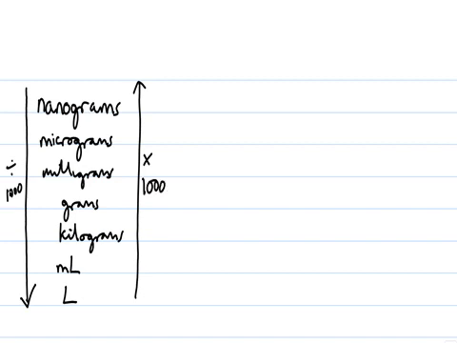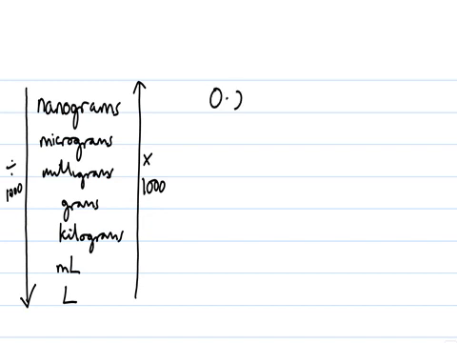So the way this table works, when you go from one weight to another, you look at whether you're going up or down. If we were going from milligrams to micrograms, I'd be going up, so I must multiply by 1000.